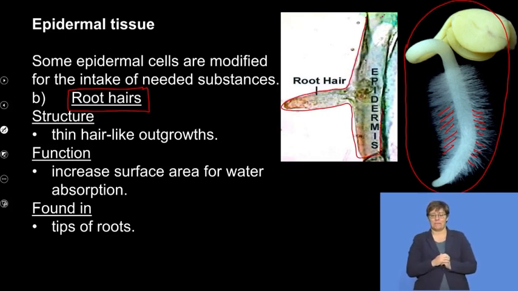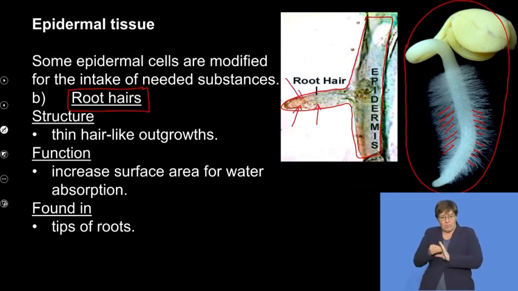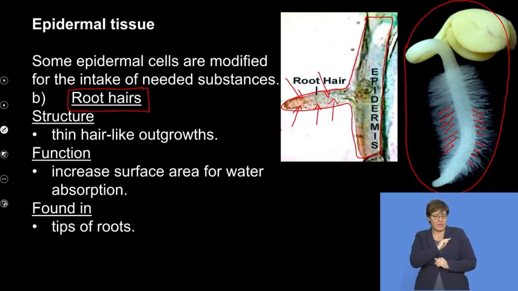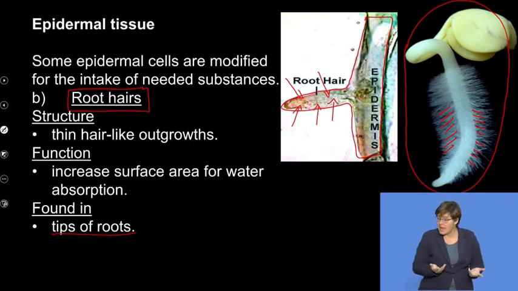It's a cell of the epidermis, and it has this outgrowth. And the outgrowth is where water can be absorbed. The root hair increases the surface area so that there is more space for the plant to take in water. And this is obviously found in roots.